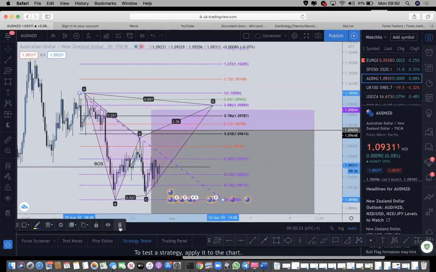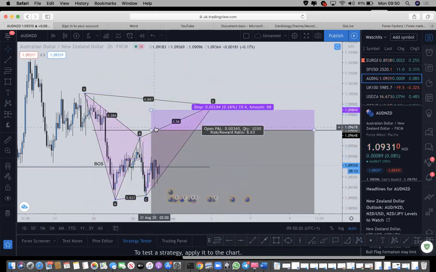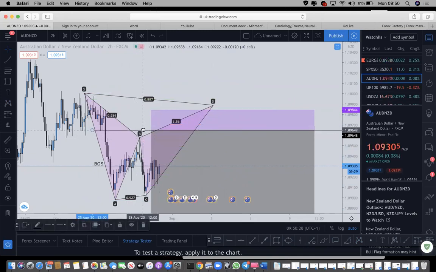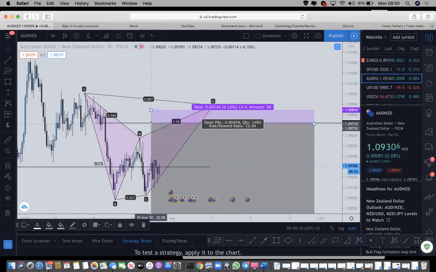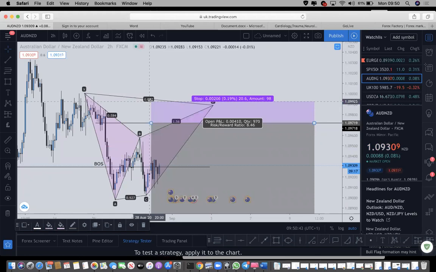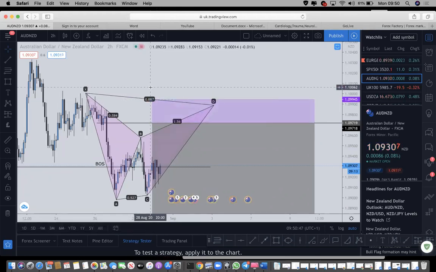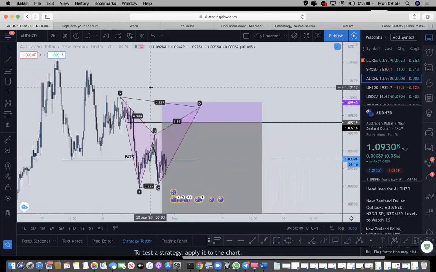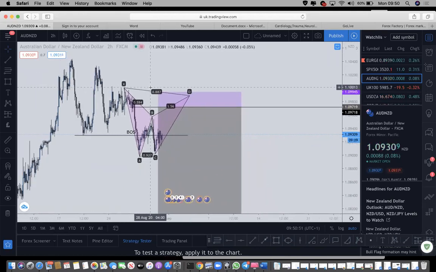Good. So we could actually reduce our risk by taking our entry there. Because I have the harmonic pattern, I'm going to increase my stop loss above the harmonic entry to there. Does that make sense, guys?